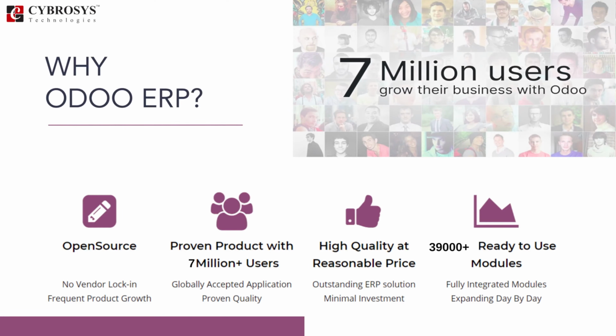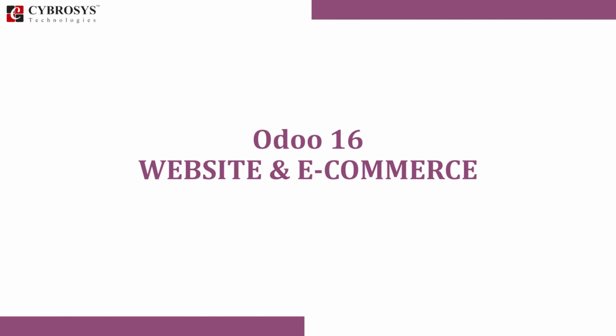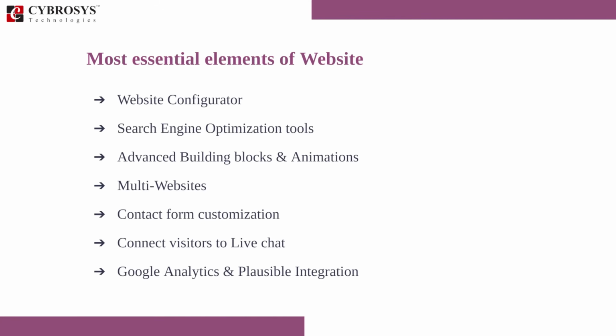So let's move on to our session, website and e-commerce. First, we can discuss the website part, the most essential elements of the website. The first is the website configurator and the search engine optimization tools for engaging your website traffic, and the advanced building blocks and animations for customizing your website pages. With multi-website, you can handle multiple websites in a single database in Odoo.